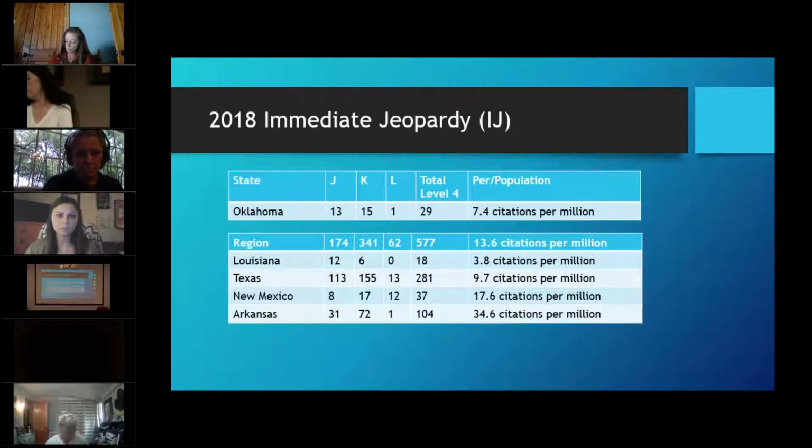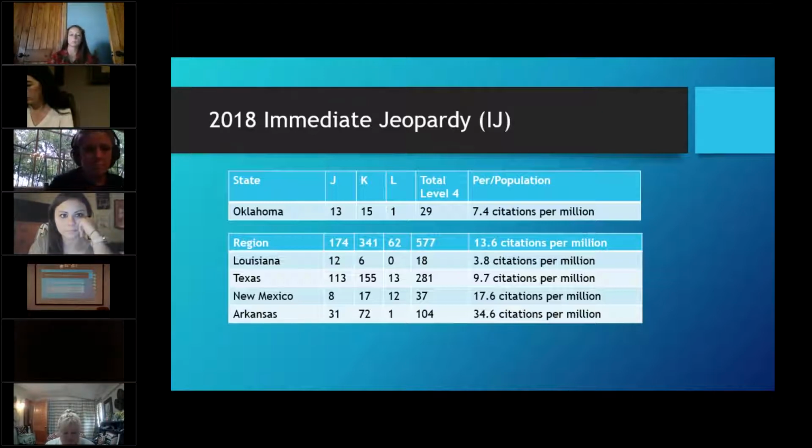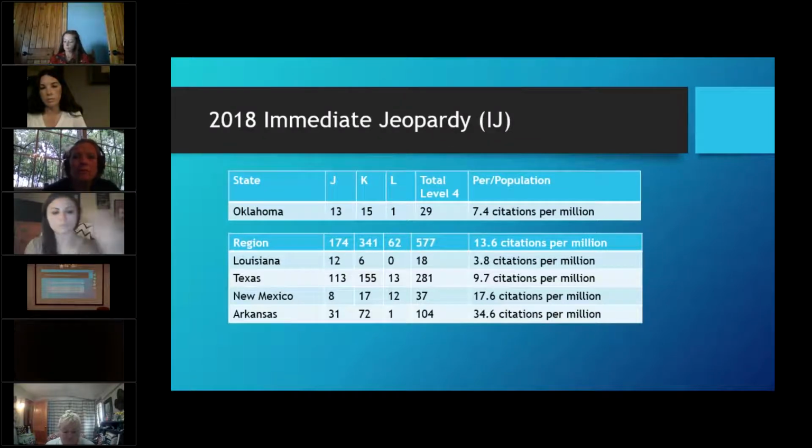So for our region, 7.4 citations per million is what it was for Oklahoma. If you look at the region, Louisiana had 3.8 citations per million. Texas had 9.7 citations per million. If you look at those numbers on the line that Texas has, it's a lot. It's also a very big state with lots of metro areas.